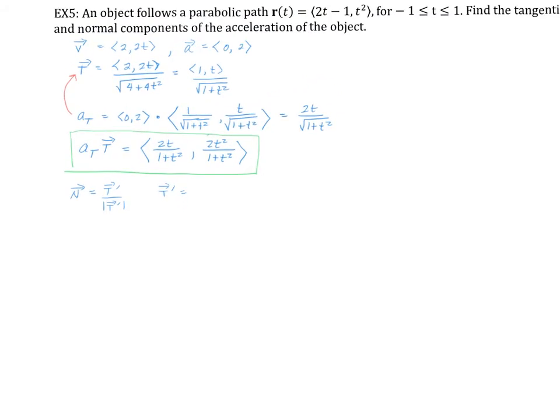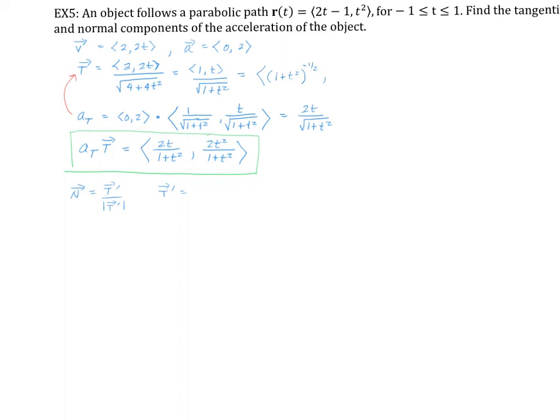I'm going to go back up to my tangent vector and write this as 1 over the square root of 1 plus t squared would be the vector in parentheses 1 plus t squared to the negative 1/2.